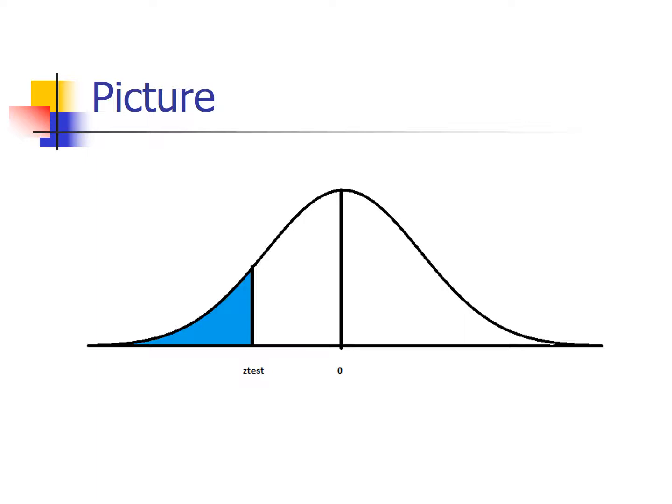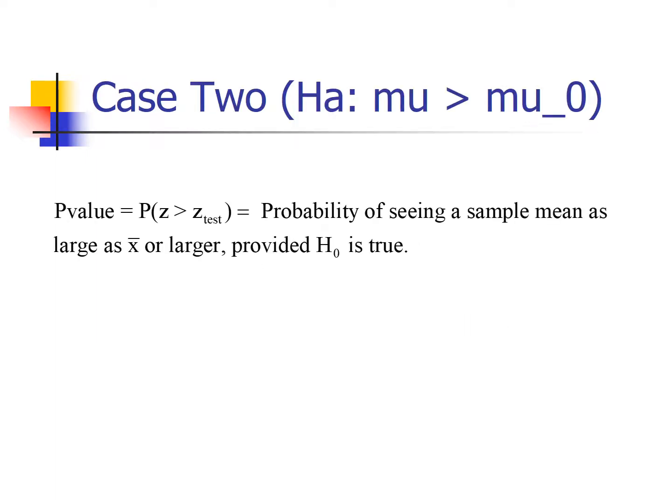Case 2, the alternative hypothesis is that mu, the mean, is greater than mu naught. In this case, we expect the sample mean to be more than the hypothesized mean, which is saying that we expect our test statistic to be positive.